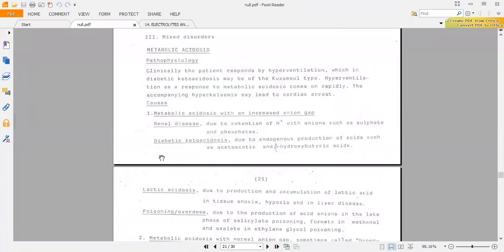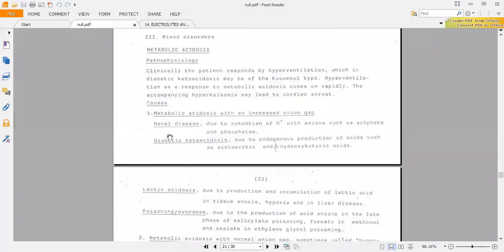For someone with diabetic ketoacidosis, remember that the keto acids are anions. They are unmeasured anions, plus they are also acids, so they will give rise to acidosis. And because they are unmeasured anions, they will also increase the anion gap, as I explained in the afternoon.